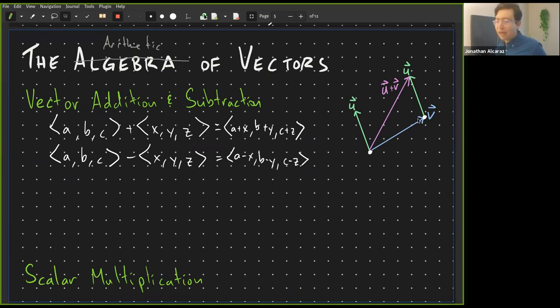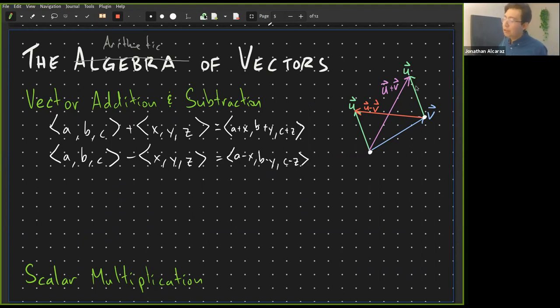What we do is we connect one head to the other. So in this case, we go from the head of v to the head of u. That was not very straight. Okay. And that's our difference here. So this in red is u minus v.